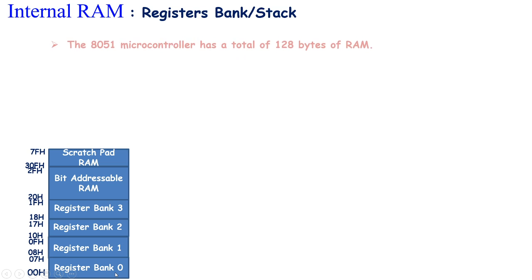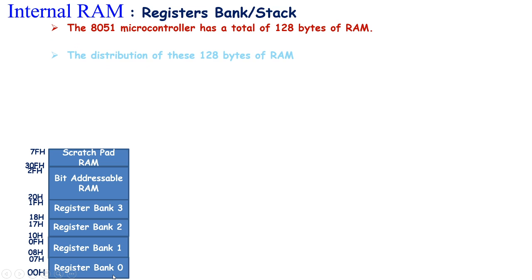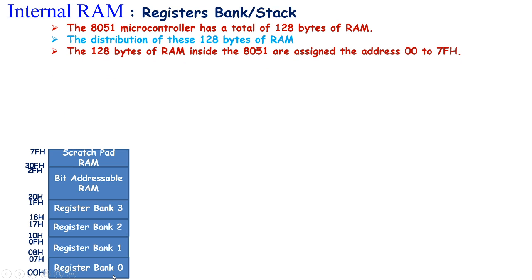This bank 0 has 8 different registers. So the 8051 microcontroller has a total of 128 bytes of RAM, and the distribution is like this: the 128 bytes of random access memory inside the 8051 are assigned addresses 00H to 7FH.